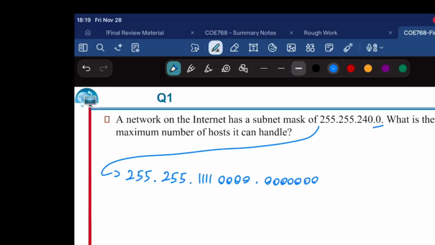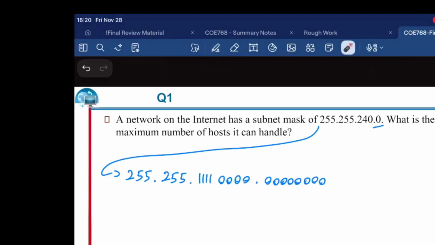The way that subnets are made up, if you don't already know, is that you have two segments. The 255s you can refer to as ones, so they will all be ones.